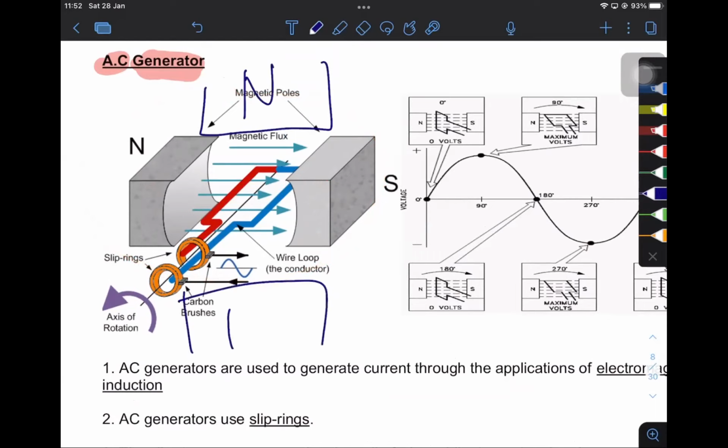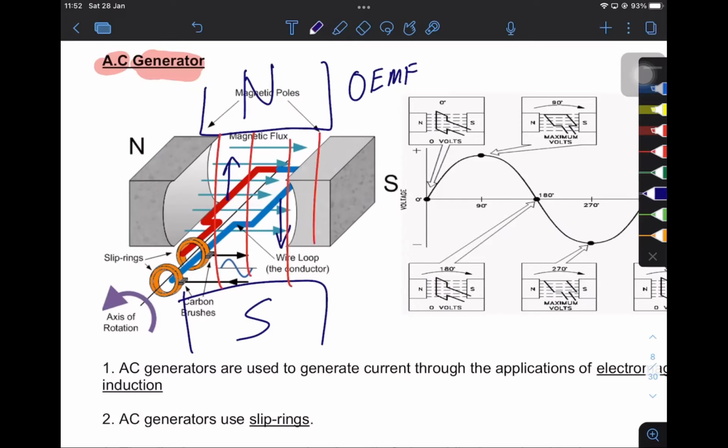If this is the north and this is the south, then you better be sure as hell know that at this instance here, because the coil is moving parallel with the magnetic field, it is 0 EMF. You all know what I'm talking about, right? If the magnet is north and south, the magnetic field is going down like this, right?